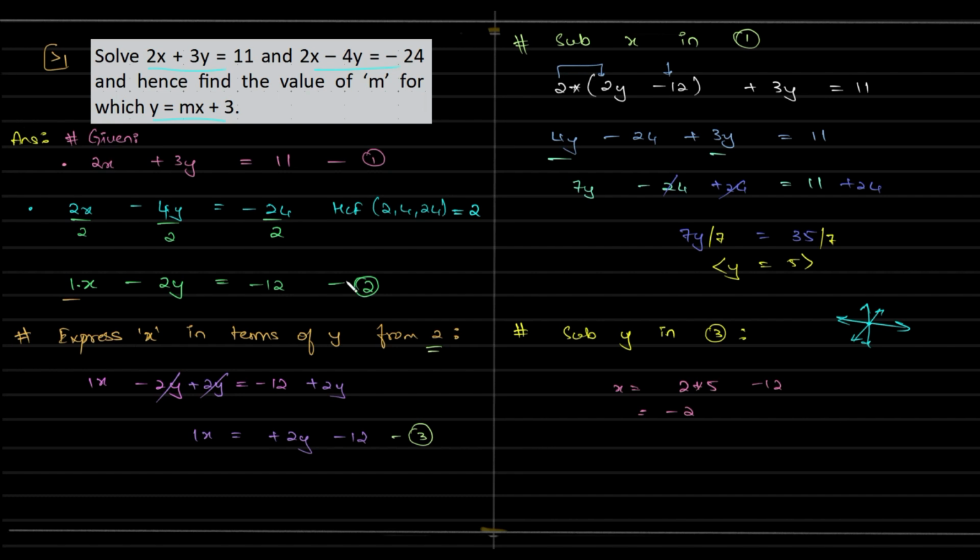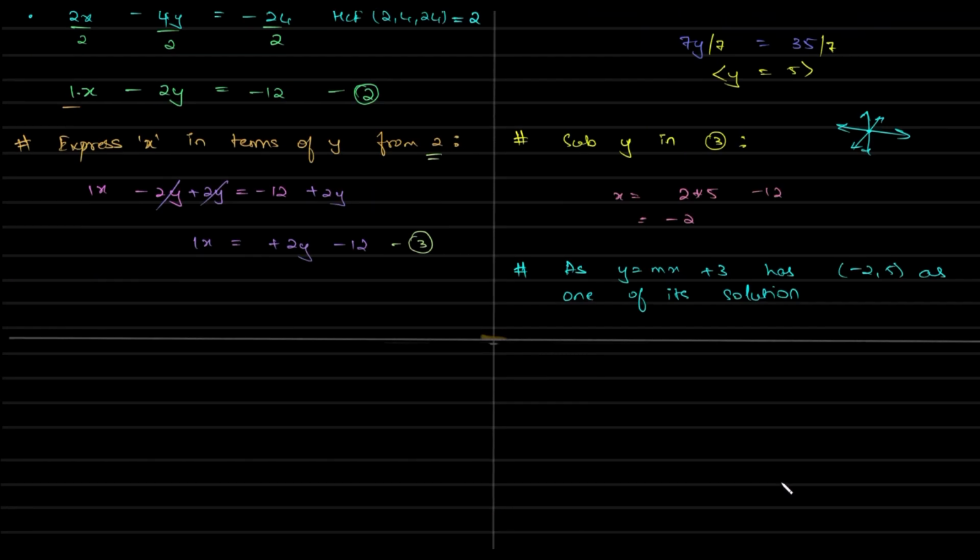So to find the value of m, basically what we have to do here is substitute. We have to start with y is equal to mx plus 3, with minus 2 comma 5 as one of its solutions.